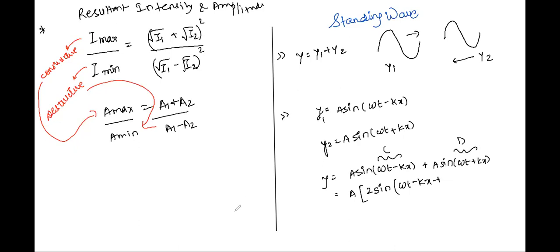I'll write the formula for reference on the right side. Sine c plus sine d is equal to 2 sine of c plus d by 2 into cos of c minus d by 2. Please remember these formulas very properly, because if you don't, they might create some trouble somewhere.